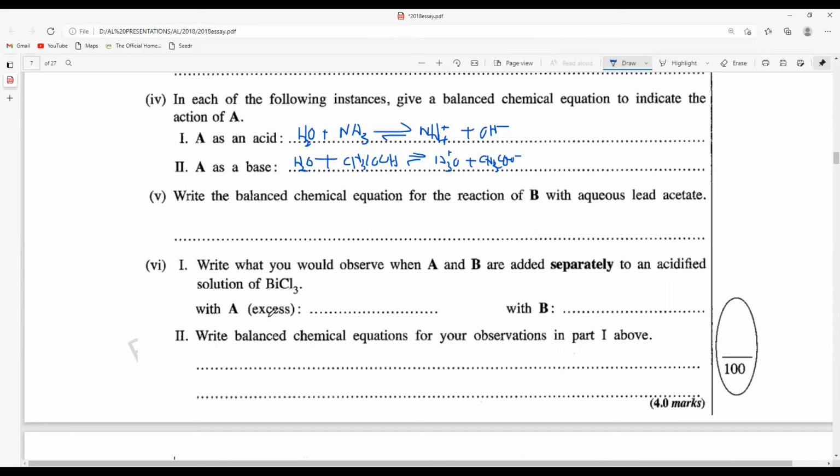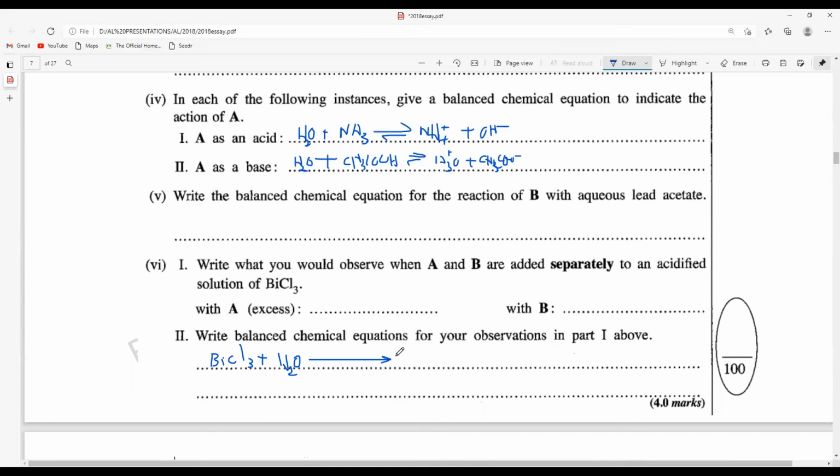So basically, when you add excess A to BiCl3, first we will go with A here, which means water. So if you remember about BiCl3 and SbCl3, both of them are in the acidic medium. First we add HCl, so BiCl3 and SbCl3 are forming.